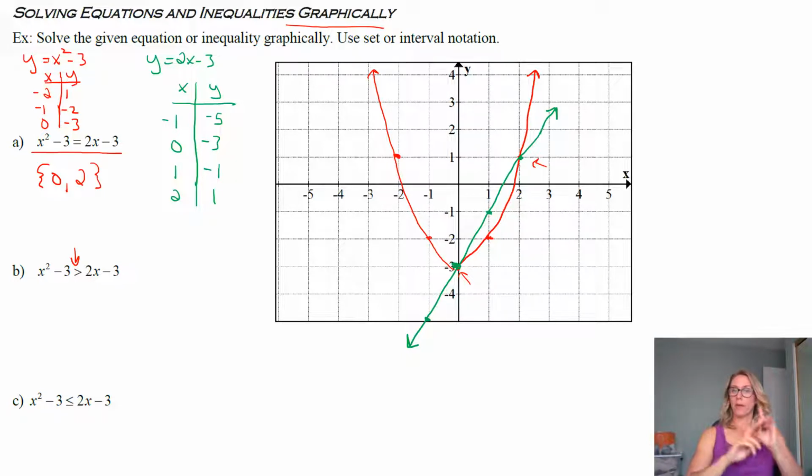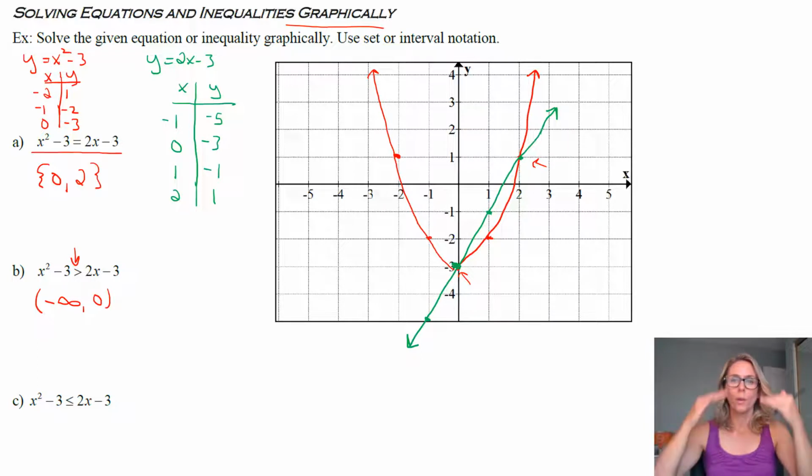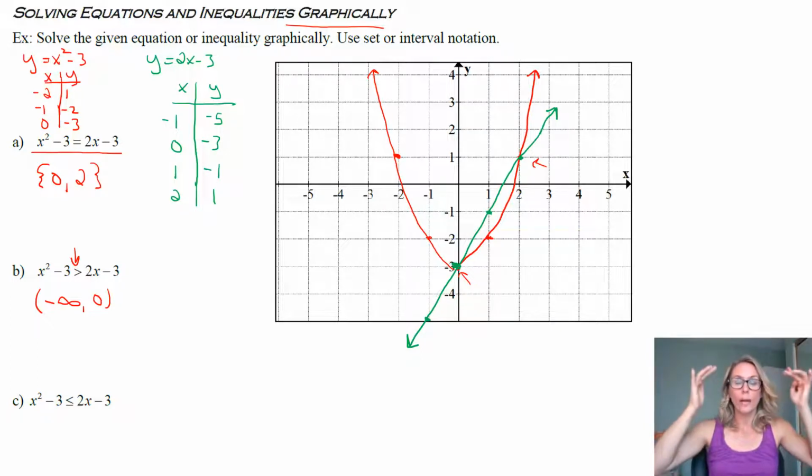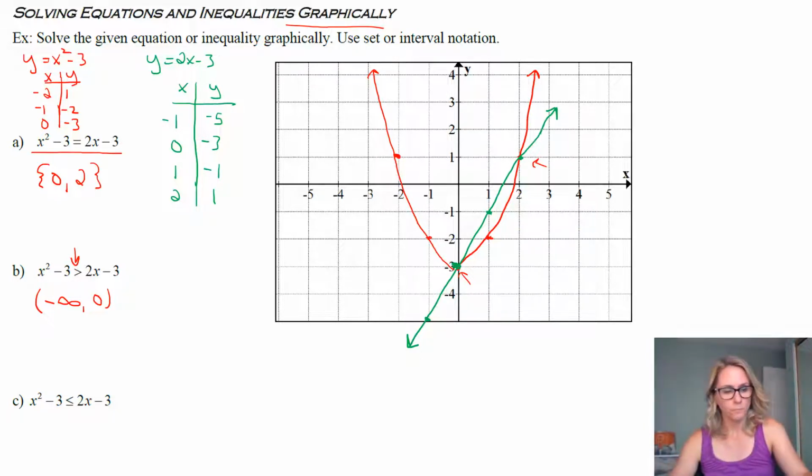Notice that it's greater than, not equal to, so I'm going to be using parentheses here, and it's also an interval. So we can see that our parabola goes up, up, up. When our x values are negative, the parabola goes up like this. The line is going down, all the way until x is 0. So from negative infinity all the way to 0, we have the parabola being above, greater than the line.